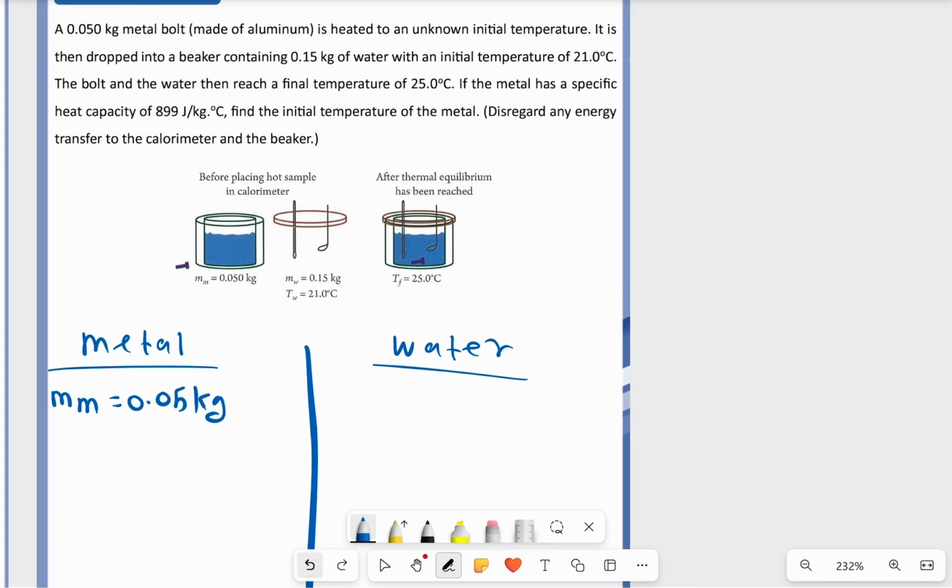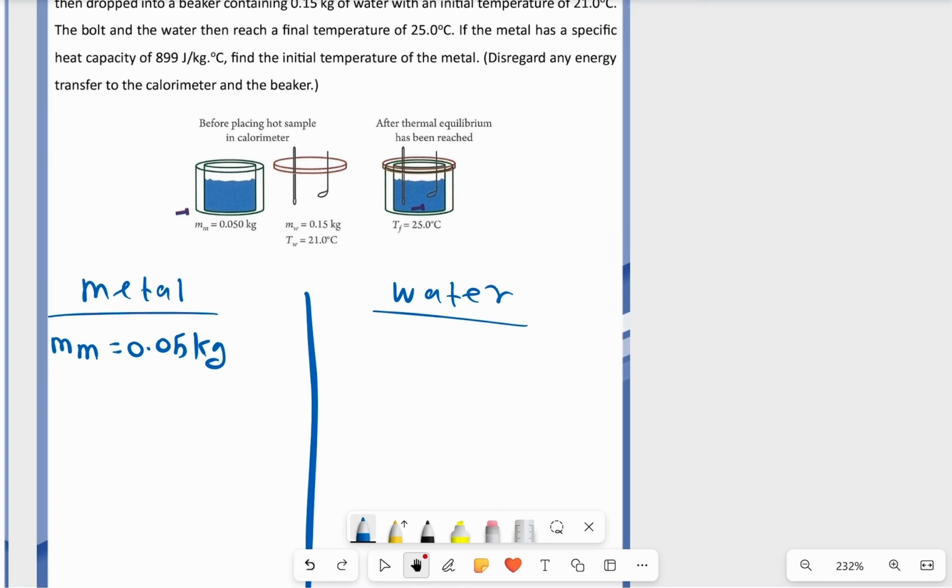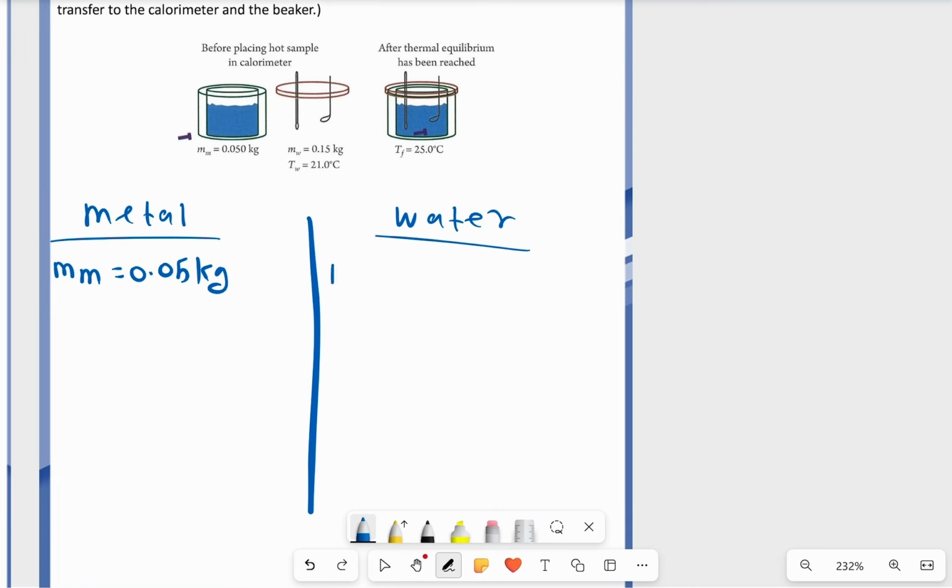It is then dropped into a beaker containing 0.15 kilogram of water. Here we have the mass of the water. You can denote it any way you want. I will write MW; you can write MA for the metal and MB for water.